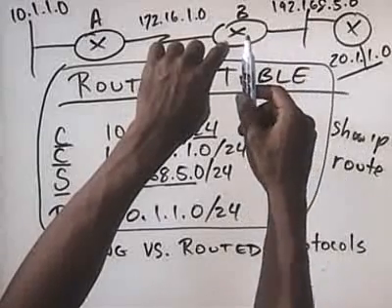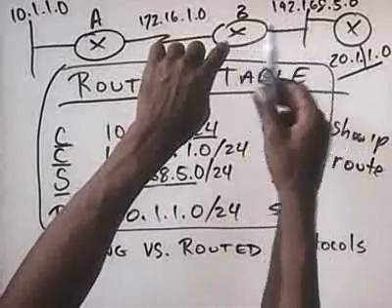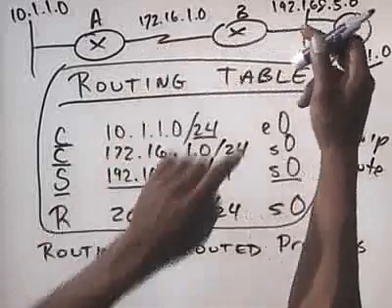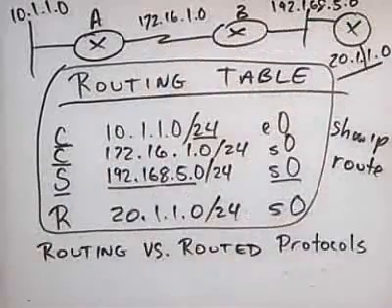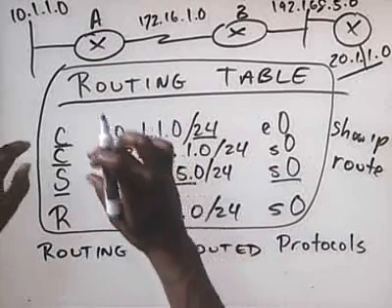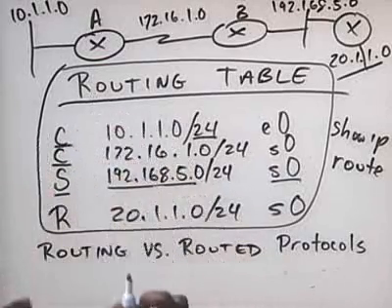So in router B's routing table, it would be indicated with the C. Router B would route that packet to the appropriate network, at which point it would reach the appropriate device. So these are directly connected and static routes right there.